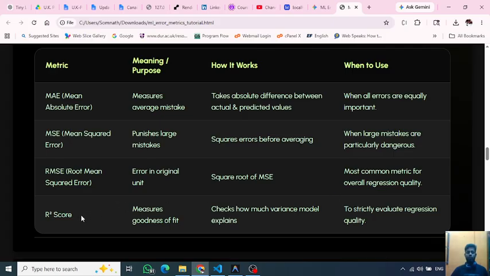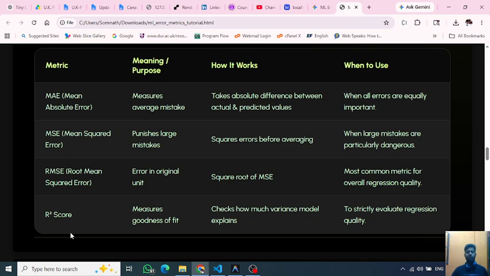Now R square measures goodness of fit. How it works: it checks how much variance the model explains. When to use it? To strictly evaluate regression quality.